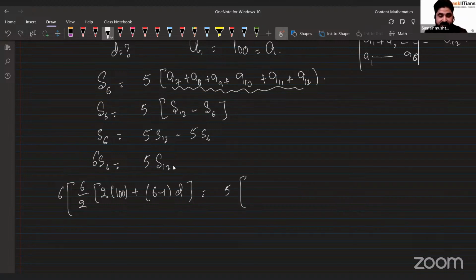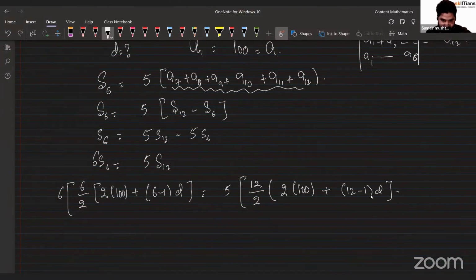n is here 12. So we can write it as 12 by 2, 2 times 100, plus 12 minus 1 into d. Fine.